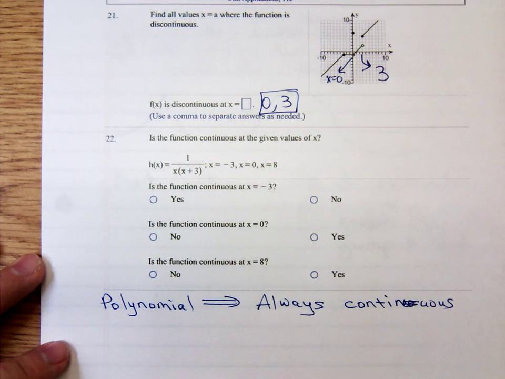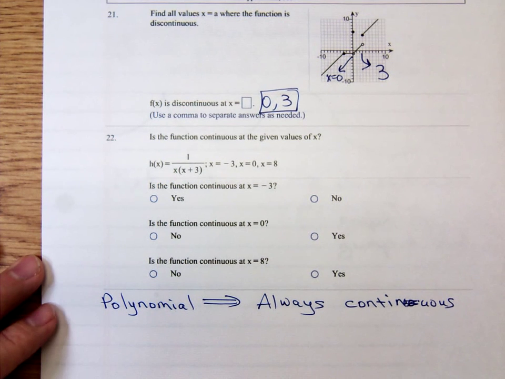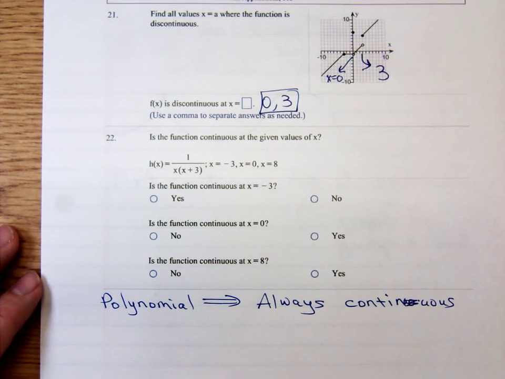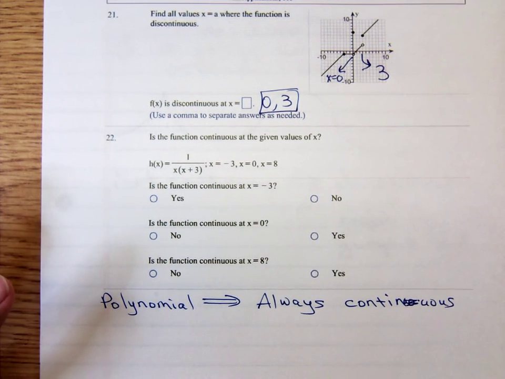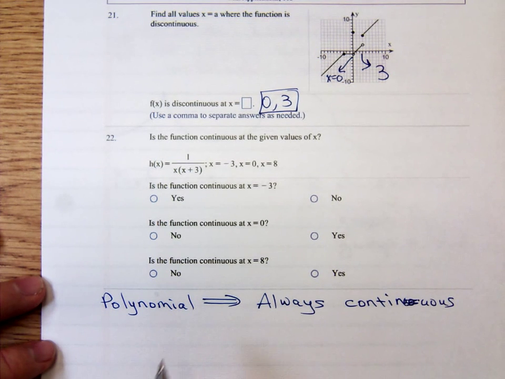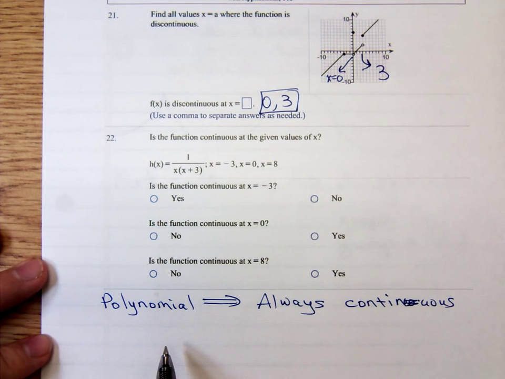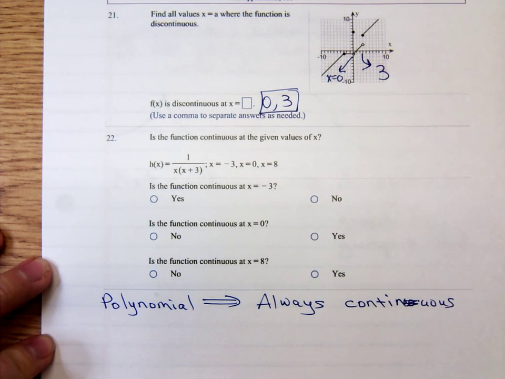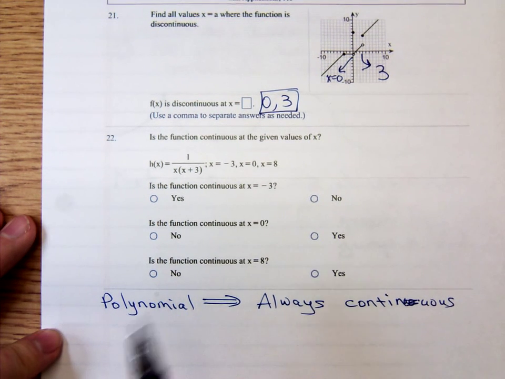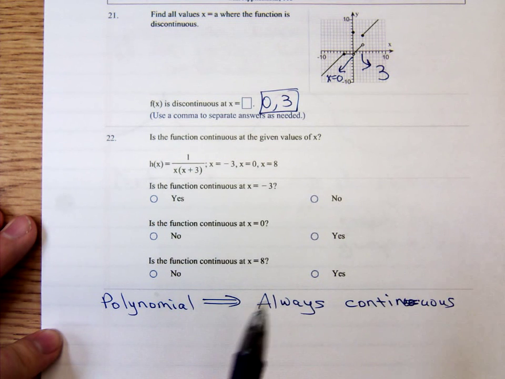Rational functions, that's when we have to worry. Those are the ones that have the missing points and the vertical asymptotes. Remember I said that you have a hole if the value of the denominator is 0 and the value of the numerator is also 0. You have a vertical asymptote in a non-zero over 0 situation.